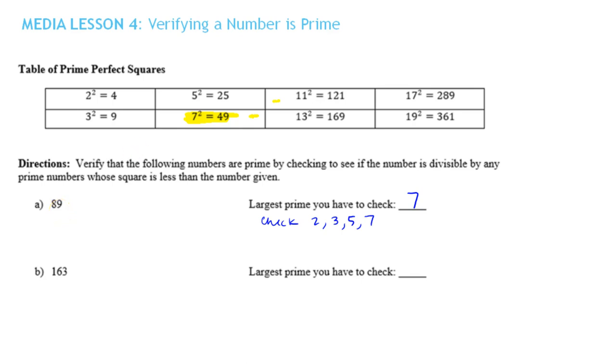Now let's just start thinking of this as writing factor pairs for 89. We know 89 can be written as 1 times 89. This is true for all numbers, and remember the definition of prime said that a number can only be written in this way with whole numbers. Now we could check 2.